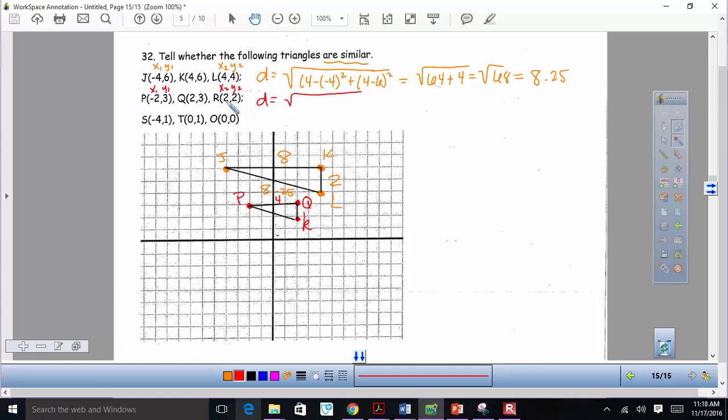So that's going to be 2 minus a negative 2, which is 4. 4 squared is 16. Plus 2 minus 3 is a negative 1. Negative 1 squared is 1. So that gives us square root of 17. And what is that decimal? 4 point what?